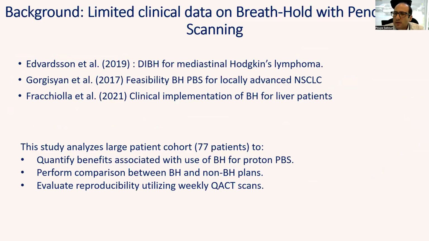This slide is from when we were still working on our manuscript in 2024, so it may need some updating. But the main point here was that at the time when we were doing our literature review, the clinical data on breath hold with PBS was fairly limited. And we had a few relevant studies. We found Evertson on DIBH for mediastinal lymphoma, Gorgeson on breath hold PBS for non-small cell lung cancer, and also Franciola for liver cases.